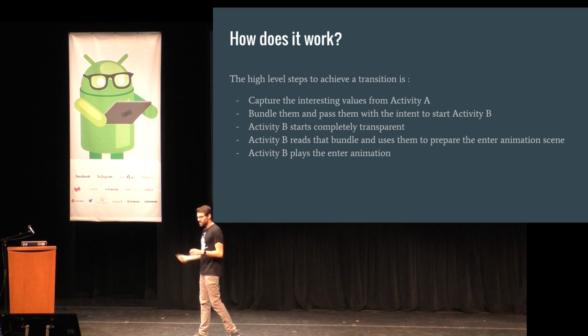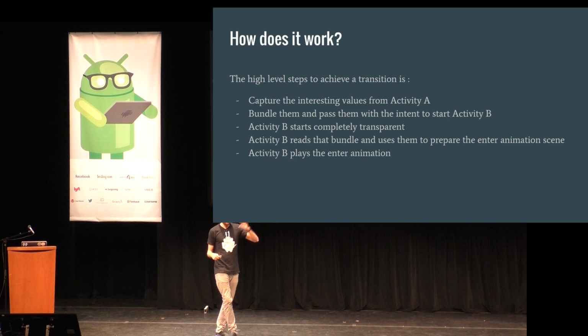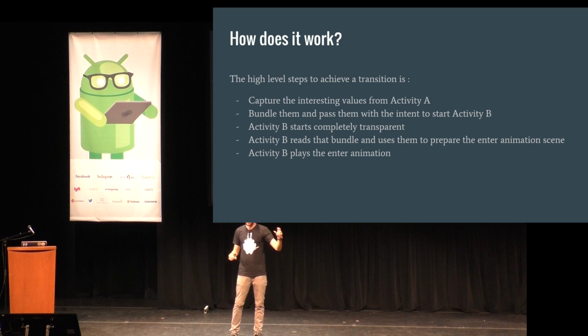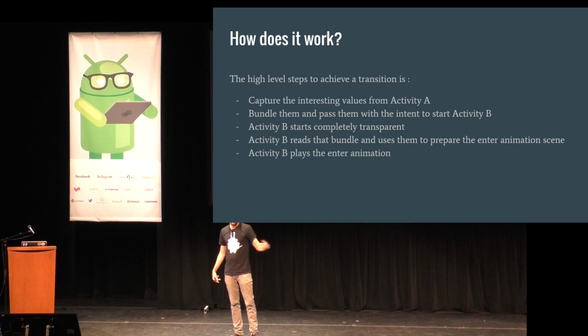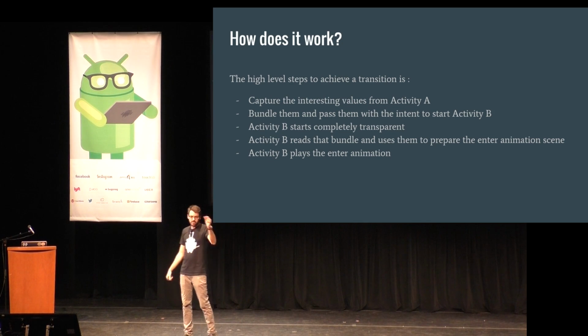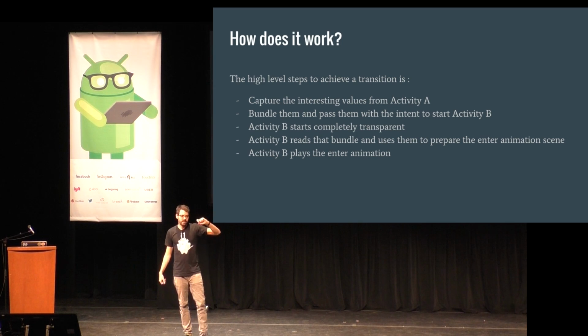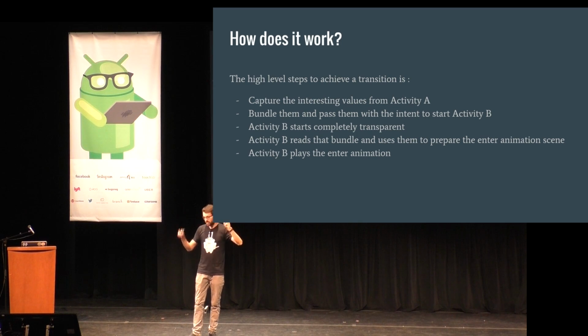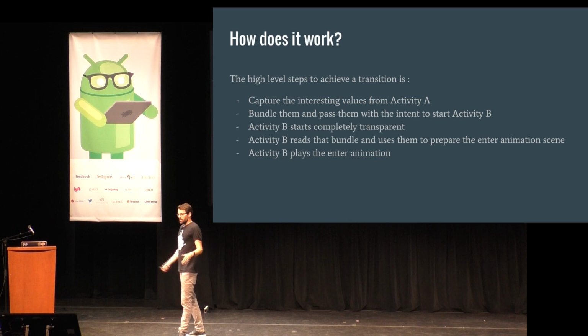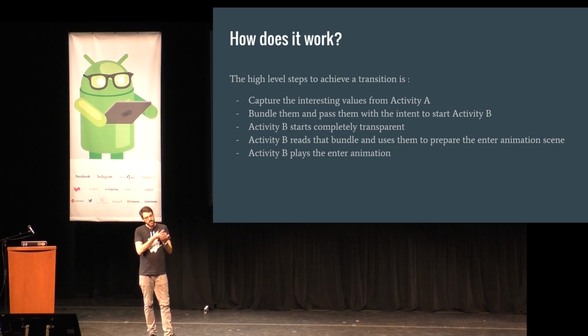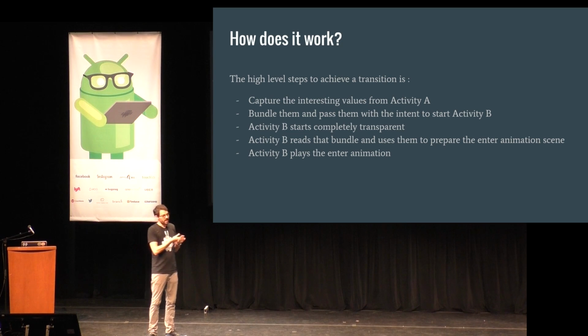So the first thing you need to do, because you need to transition from a specific place in the first activity to the second activity, is somehow pass that information into the second activity. So what information do you need? Basically, you just need the position and the size of the view that's going to start the animation, right? Then you're going to start that second activity, the one that's going to animate.